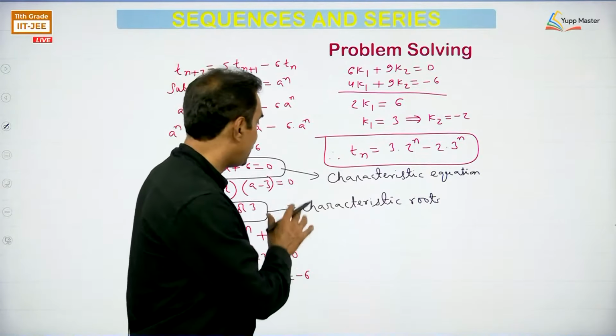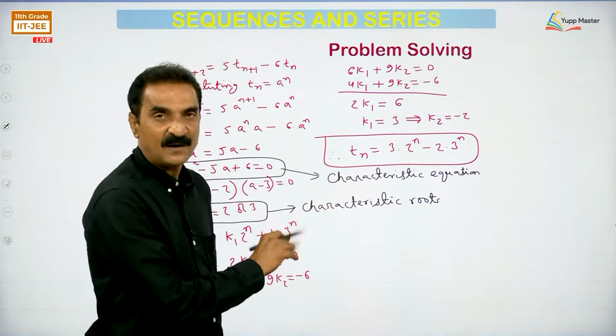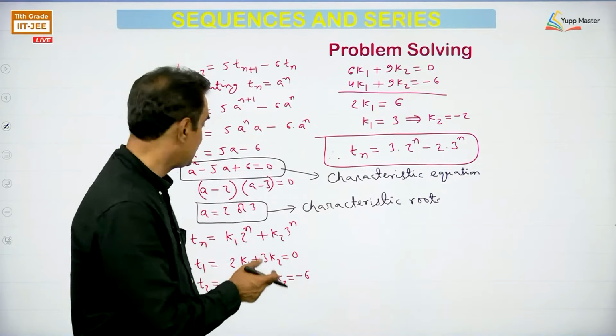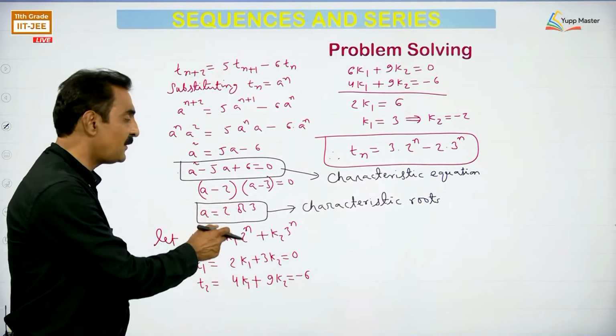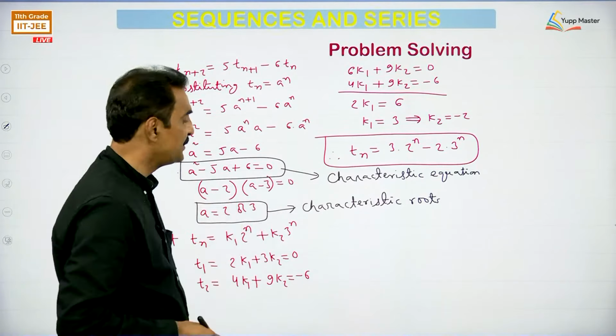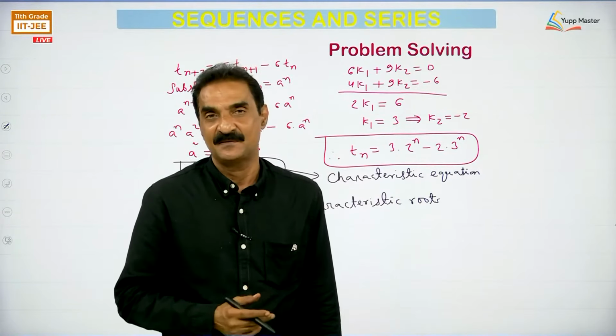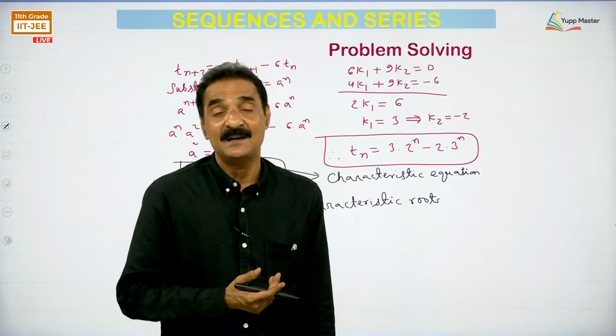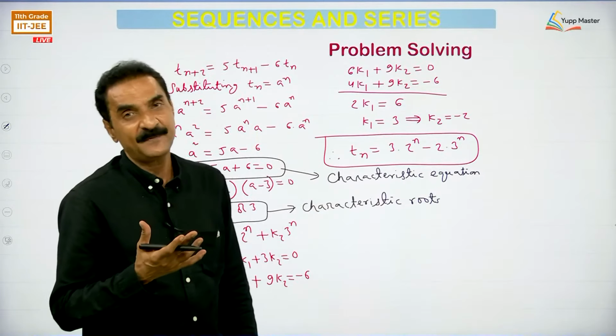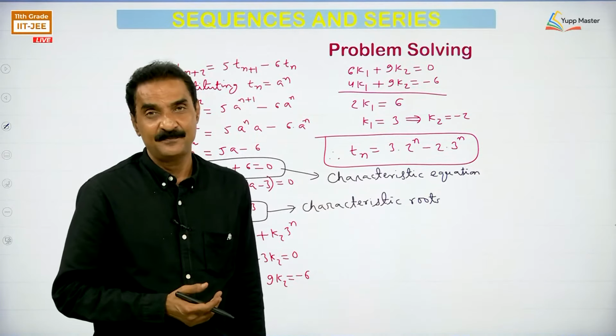Now, if the characteristic roots are some alpha and beta, you should take the nth term as k1 into alpha power n plus k2 into beta power n. Now, if the relation between four consecutive terms is given as a linear equation, then the nth term will be definitely of the form a power n.